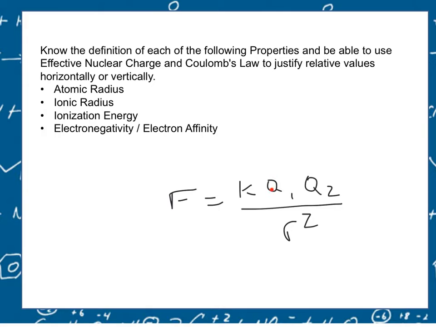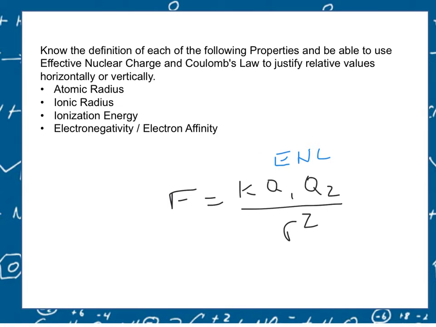It kind of combines both of these into one number because it takes into account the attraction for the positive protons, subtracting out any electron-electron repulsion. An increasing effective nuclear charge will increase your numerator, which will increase your force. That's where effective nuclear charge is going to come in.